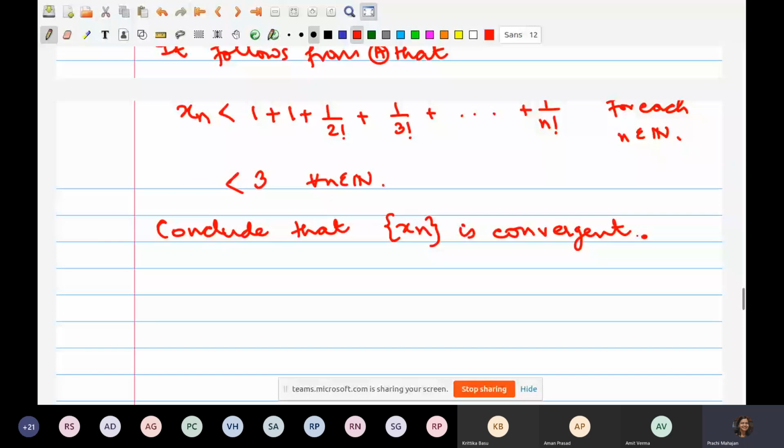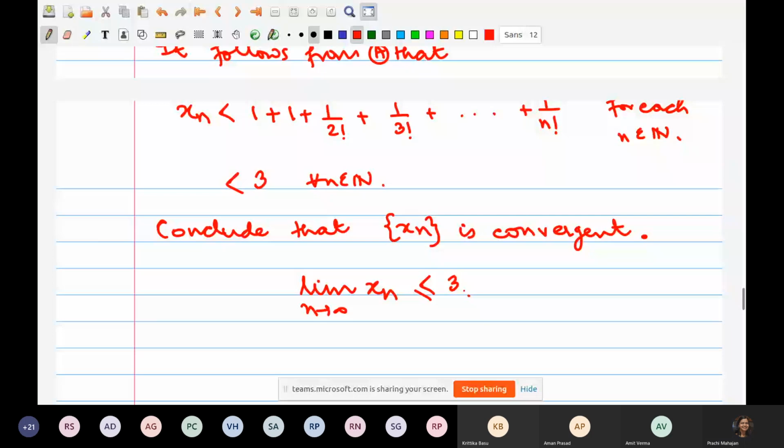And what else can we say? We say that the limit of xn exists, and the limit of this sequence xn will be at most 3, correct? Because each term is at most 3, right? So in fact, one defines the limit of this sequence to be the Euler number e.